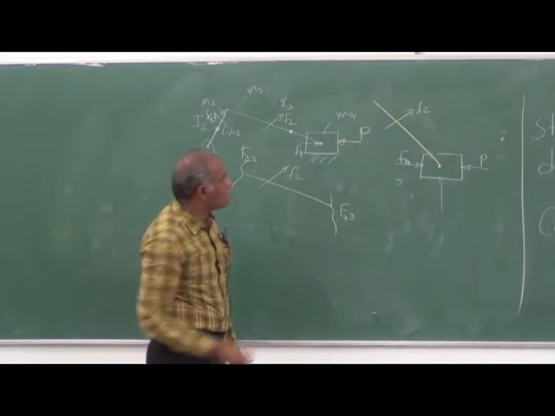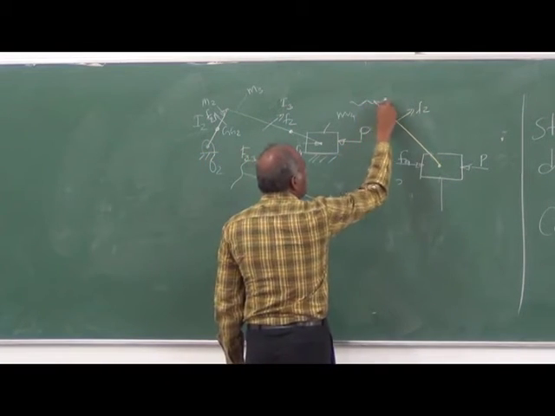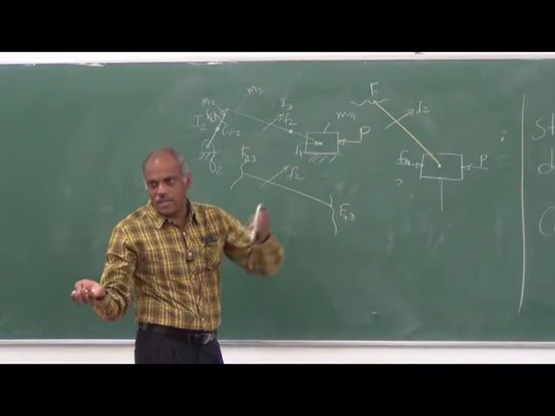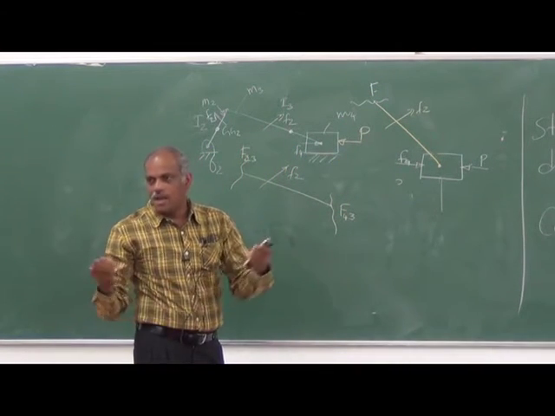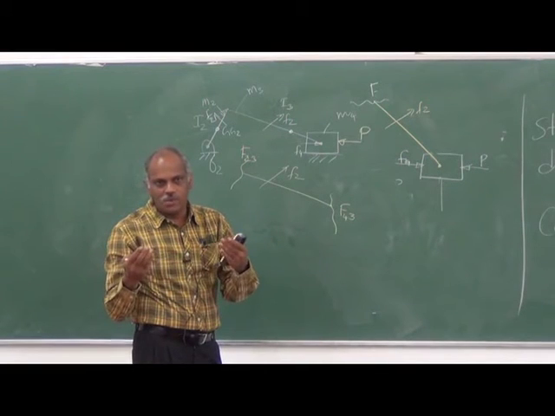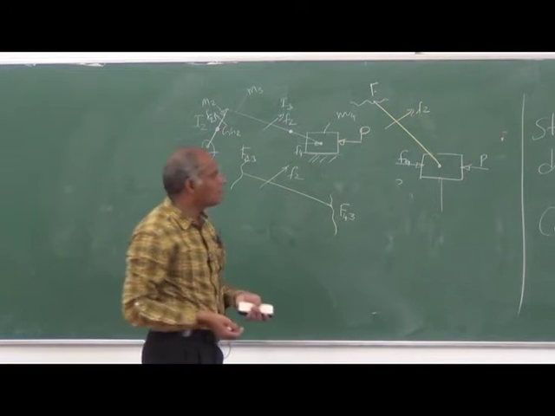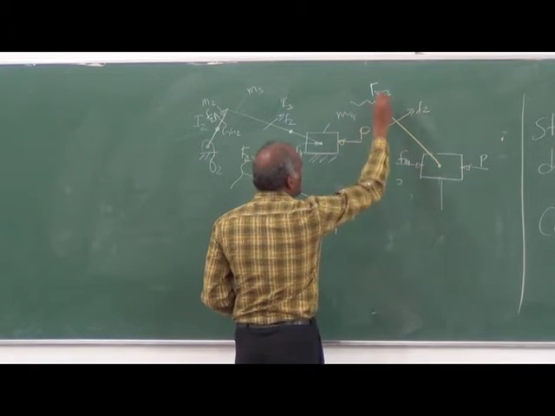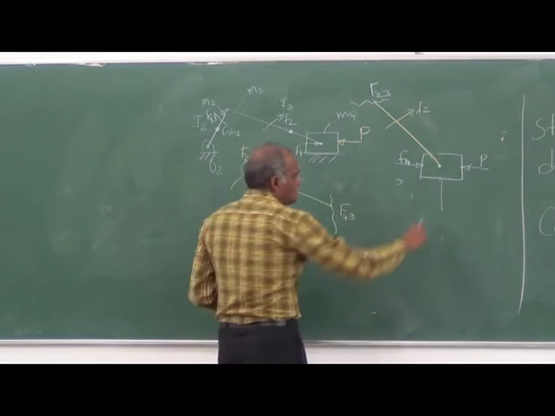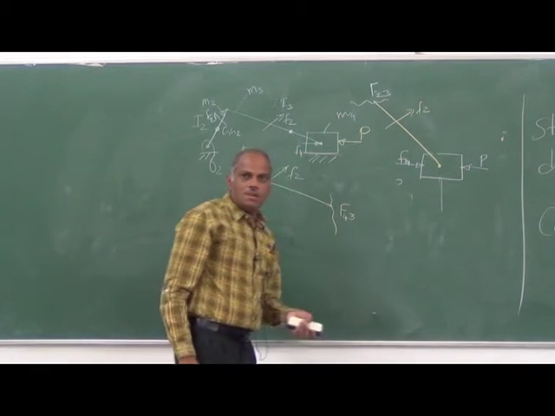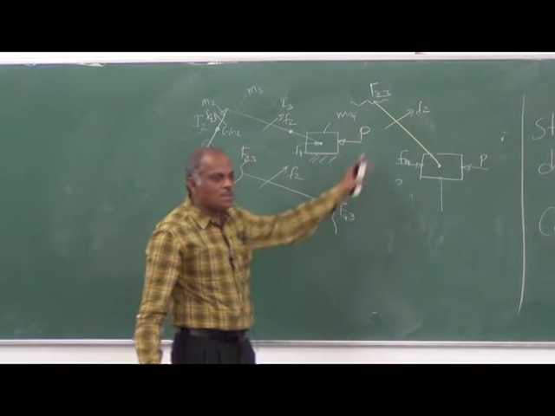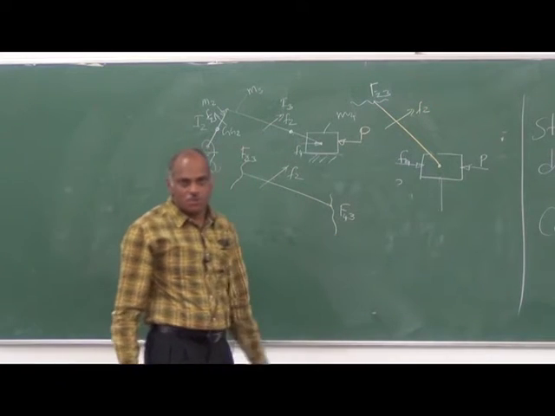In that case, what are the unknown forces? Instead of taking the piston and connecting rod separately, I have the freedom to consider both of them together. In that case, what will happen? This is F2,3, which is unknown, and its magnitude is unknown. Now we have 3 unknowns when you combine them together.